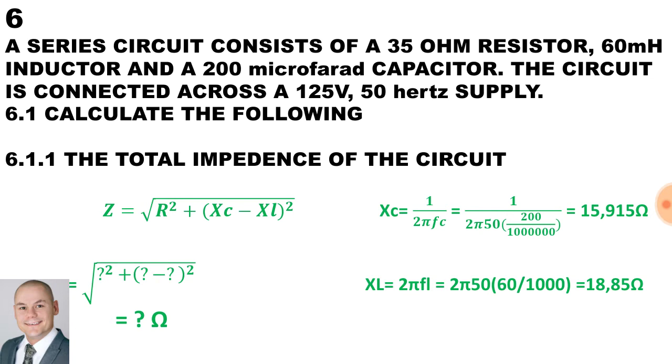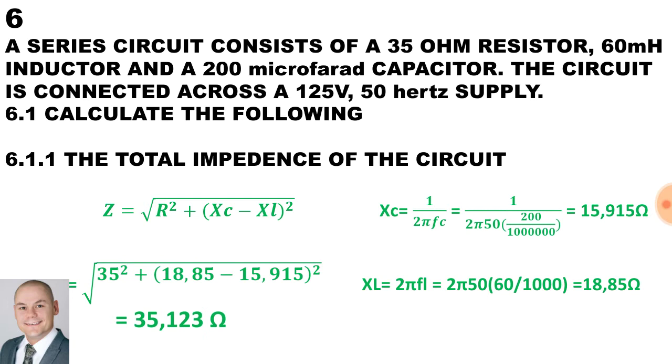Now, to calculate the total impedance, the resistance is 35 ohms, the inductive reactance, 18,85, minus the capacitive reactance of 15,915, and that gives us an impedance of 35,123 ohms.